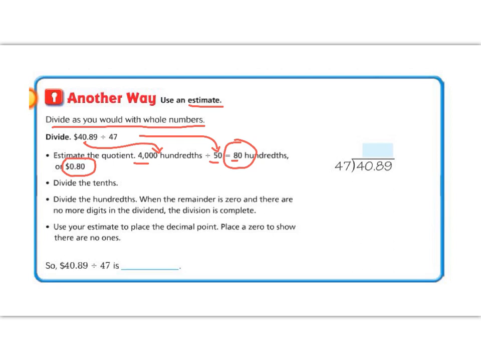And that would be too much. So let's try 8. So let's multiply to the side. 47 times 8. 7 times 8 is 56. 8 times 4 is 32. Plus 5 is 37. And 376 definitely goes into 408.